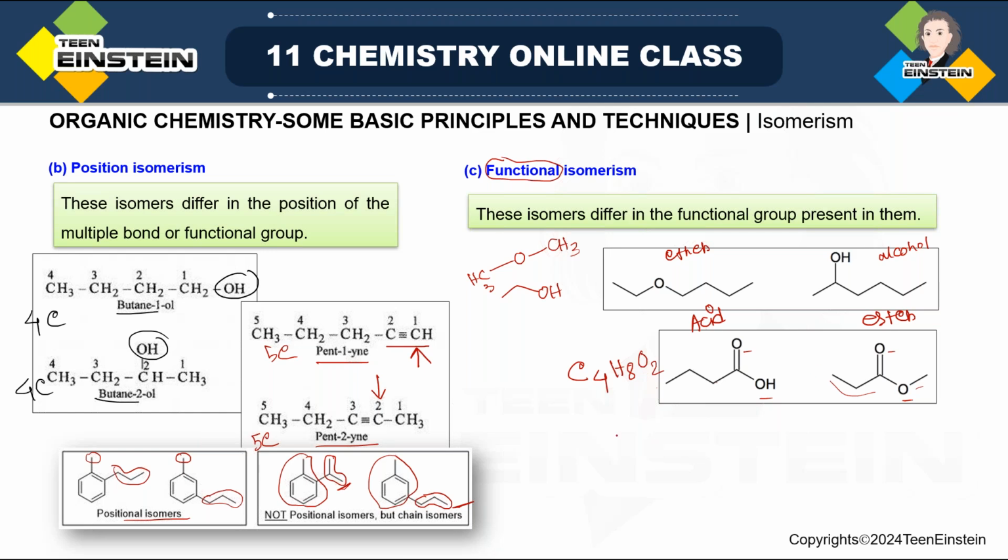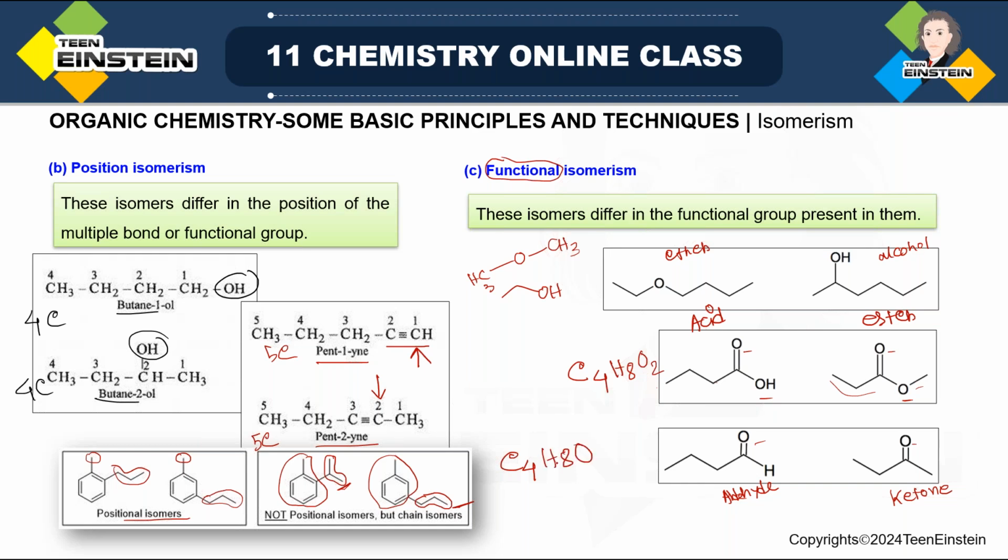Then we have ether and alcohol, acid and ester, and then we have aldehyde and ketone. So aldehyde and ketone, when they have the same number of carbon, because in both cases there is only one oxygen, it is C4H8O. The same molecular formula you can also find for the ketone.